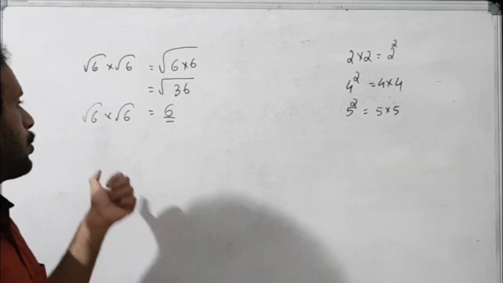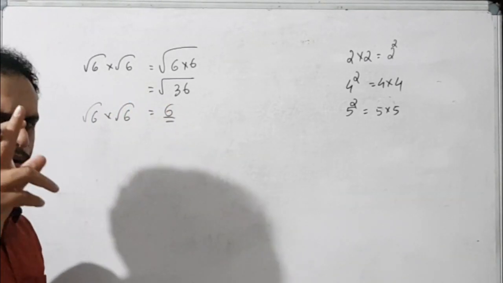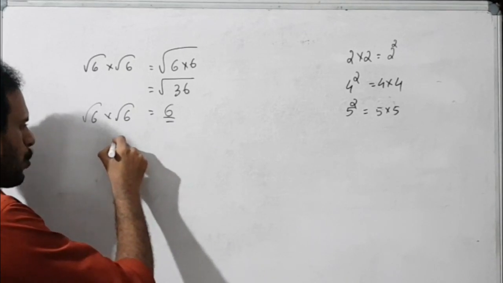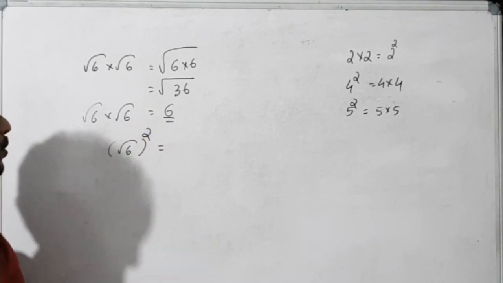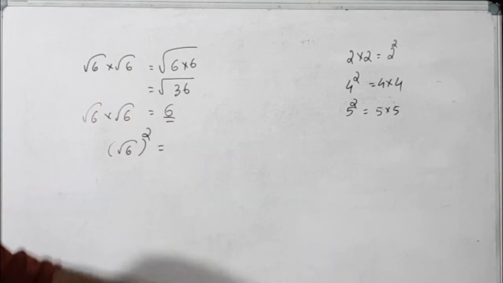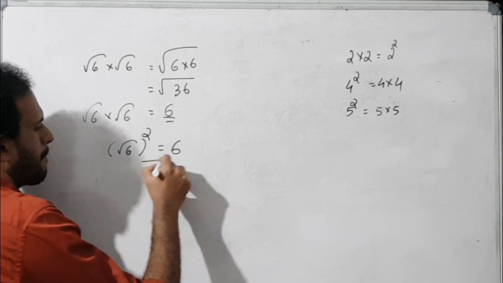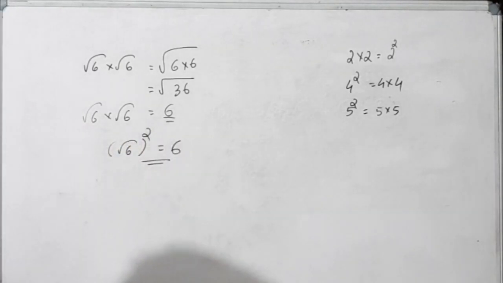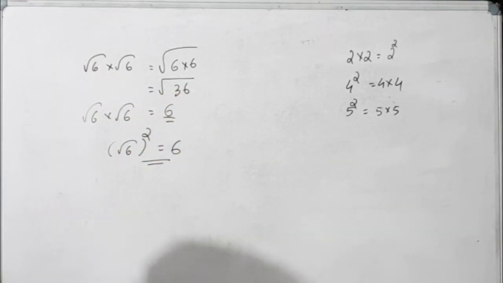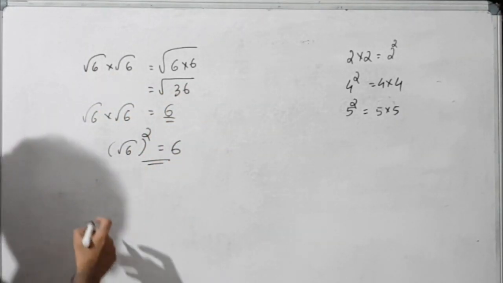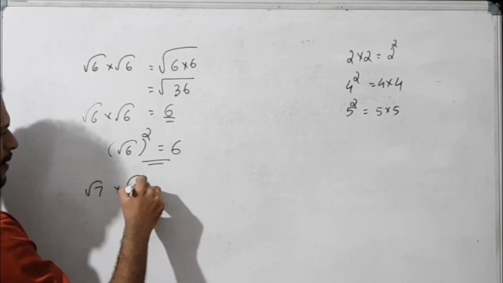As like that, root 6 into root 6 is root 6 whole square. What is root 6 whole square? Root 6 whole square is 6. We got it? Then next we multiply root 7 into root 7.